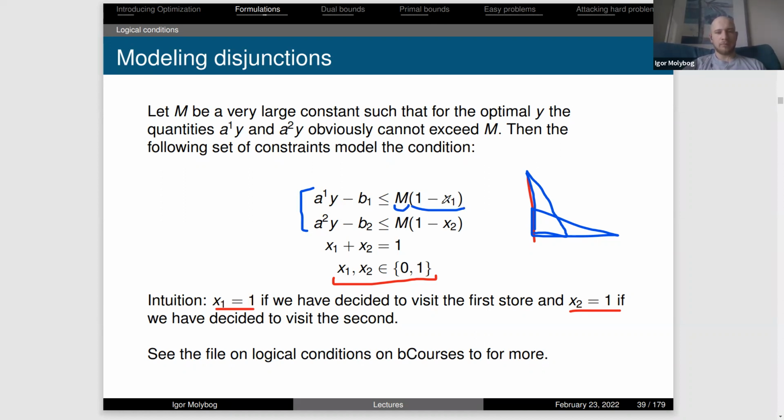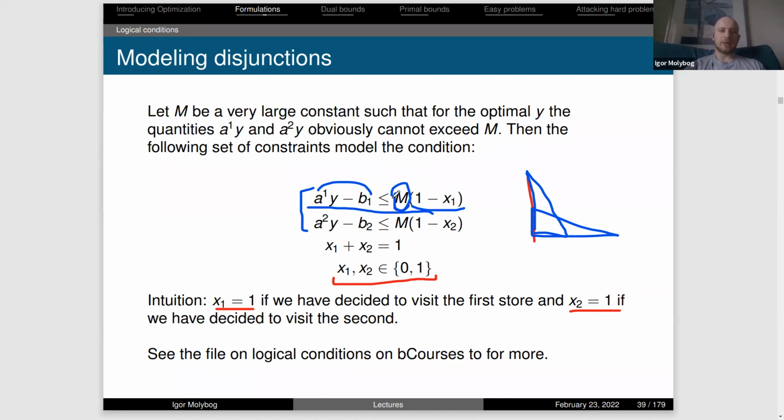If x1 is equal to 1, then this constraint is acting, the right hand side is equal to 0, and we have an actual constraint, a1 y less than or equal to b1. And if x1 is equal to 0, then this constraint doesn't mean anything, because the left hand side is less than or equal to M, which is a trivial constraint. So we just don't care about it.